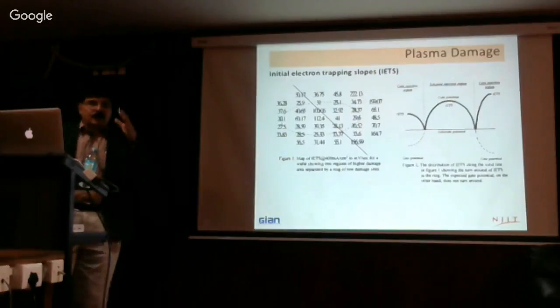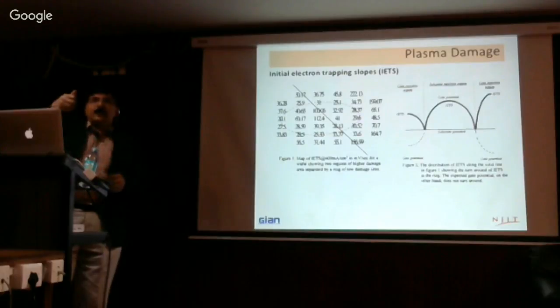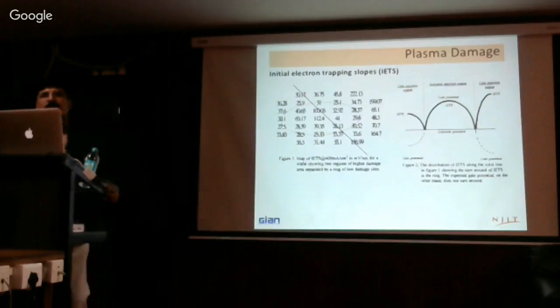Substrate injection means that during plasma processing, because of the charge neutrality balance, electrons can sometimes be injected from the substrate to the gate or from the gate to the substrate. That completely changes the characteristics. So this actually happens.